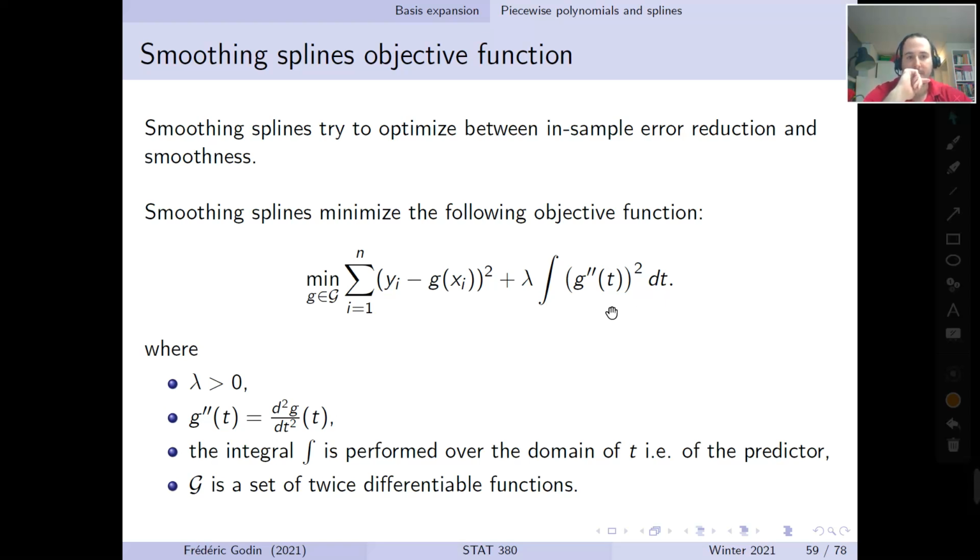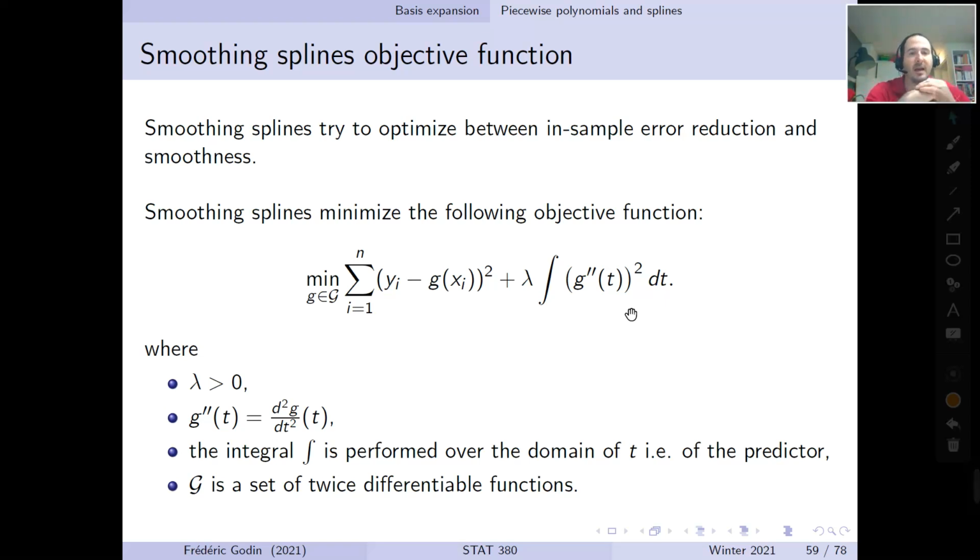Why do we impose that? It's because if the second derivative is 0, then the function is linear, so there's no abrupt variation like this. Conversely, if you have a function like this, the second derivative will often be very positive or negative, because the convexity has to change very often to yield this kind of behavior.